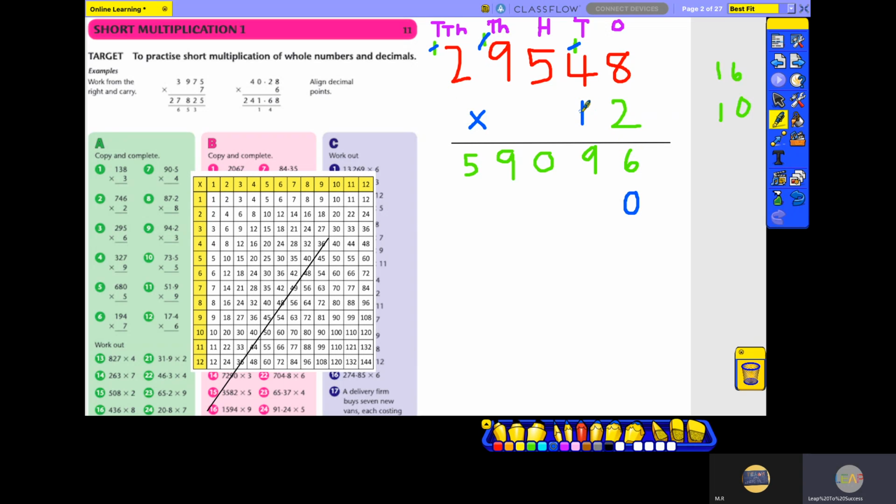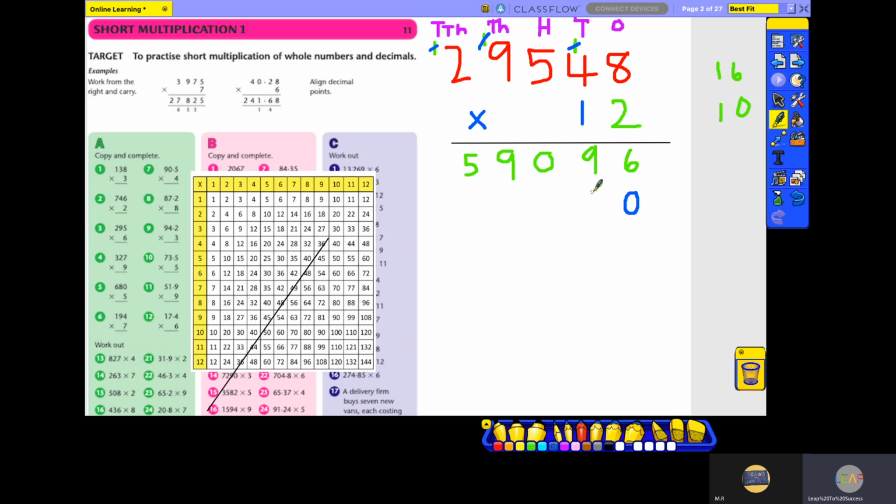So because this number is no longer in the ones column, therefore you'll put a 0 there. But you just need to remember it as saying an automatic 0, just so it's something that you can remember it by. When you go to the second line, automatic 0, and now you multiply the numbers moving on from that.